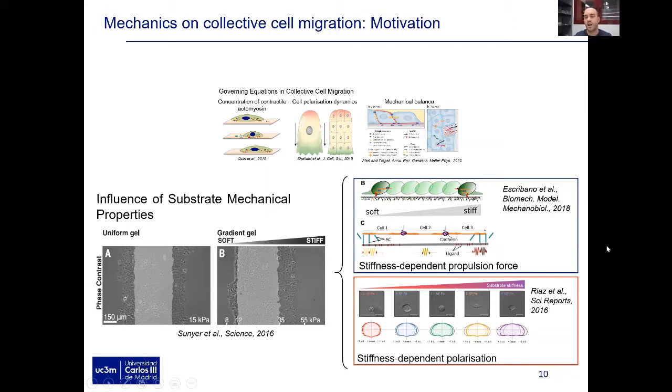So cells tend to align to those stiffer regions. At this stage, we decided to put all these physics together and develop a model to see the consequences of all these hypotheses and how we can use these models to complement some experiments and get further insights into this process.